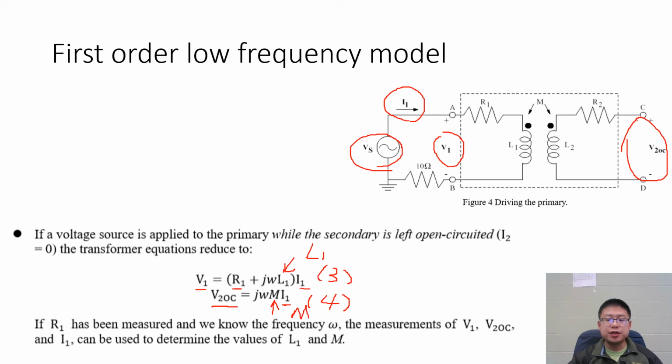So using the equation, we can calculate the value of M. So by open circuit the secondary side and connect the function generator with the primary side, we obtained the values L1 and M. So L1 is known, M is known, R1 is known, R2 is known. We do not know L2. We will carry out another test to do measurements and calculate L2.